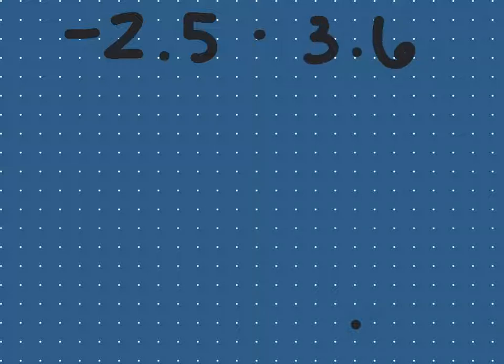Alright, let's try some multiplication. Negative 2.5 times 3.6. I like to set it up the long way so that I can see what I'm doing.